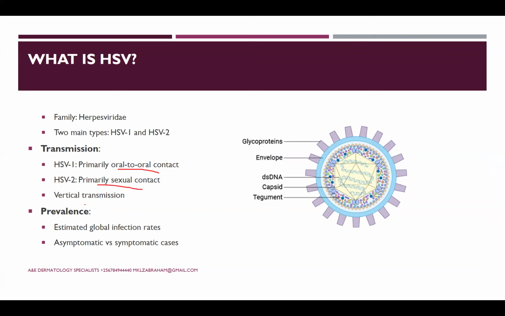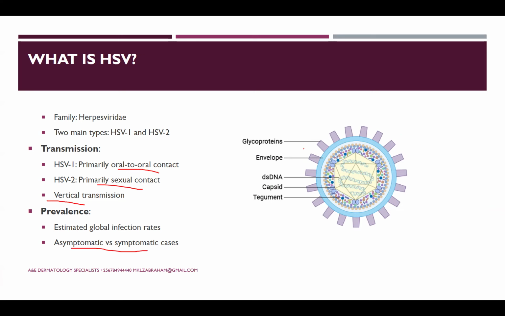But this virus can as well be transmitted vertically, that is mother to child, and we see it to be part of the TORCH infections, those infections that mothers can give to their children. So herpes is a very common condition with a global prevalence, and if you assess the seropositivity in any population, it will be above 85%. Though most of the cases are asymptomatic, when it is symptomatic, it can be bothersome.